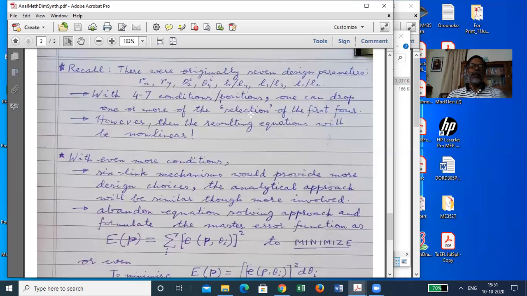In terms of that, whatever is the error at different points, we take all those errors together and formulate the sum of their squares, and that we define as the master error function in terms of the design parameters, because we have taken all the positions that we could think of. Okay, 7, 10, 9, 20, whatever you like.